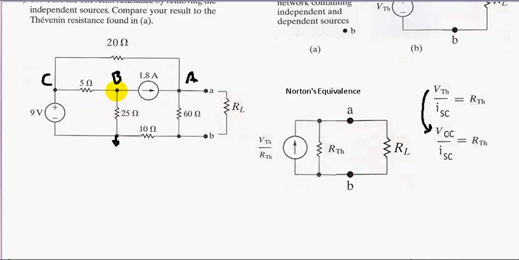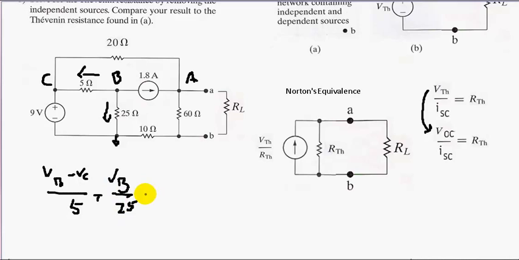Let's write the node voltage equation for the currents going out of node B. The currents going out of node B are (VB minus VC) over 5, plus this current going out, VB over 25, plus this current going out, 1.8 amps.